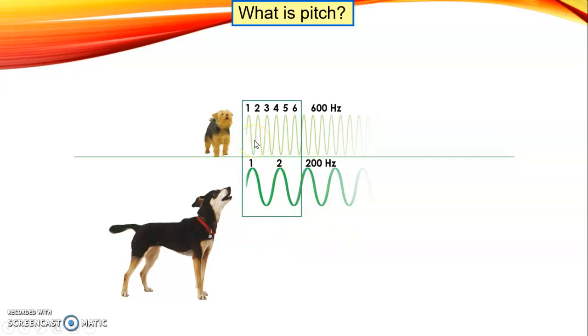But the low frequency sounds have peaks far apart. So that means que las ondas de frecuencia de un sonido bajo están más separadas. And the high frequency sounds have peaks close together. Más juntas.